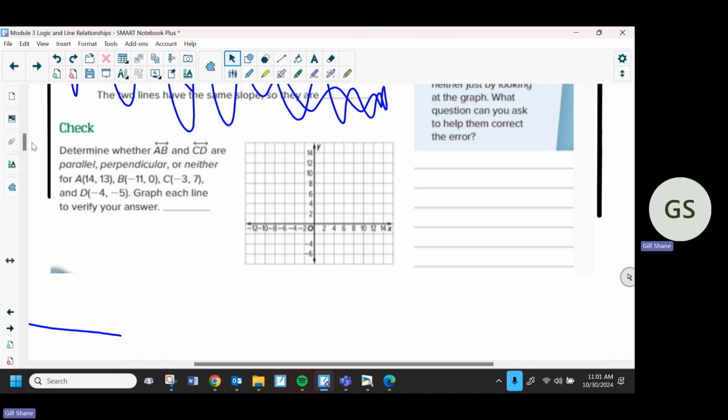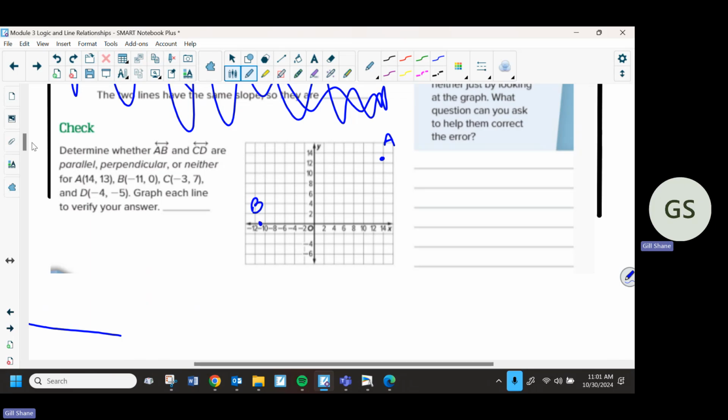So when you're putting the lines, let's say I'm just going to eyeball it, I'm not even counting. Point A is way over here. Point B is negative 11, 0. That's points A and B. Now connect them with a line. Don't put all 4 points on there. It's two separate lines. It's not a shape.